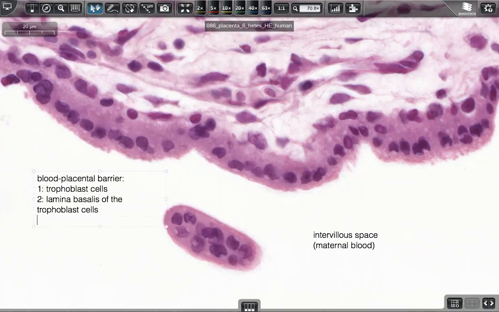The third layer is the mesenchyme. Then we have the lamina basalis of the capillaries. That's the 4th.